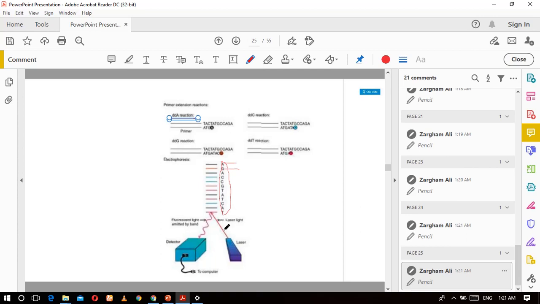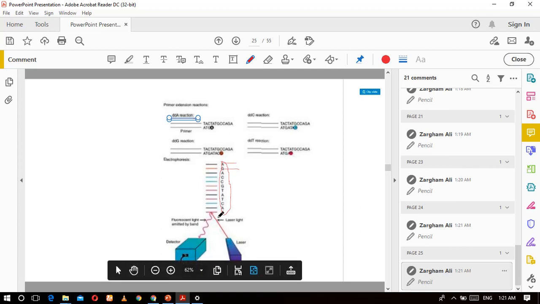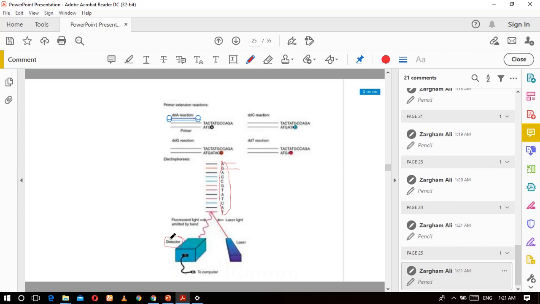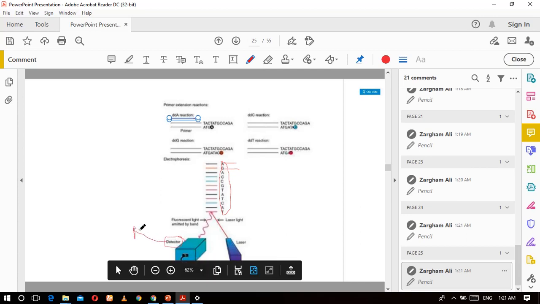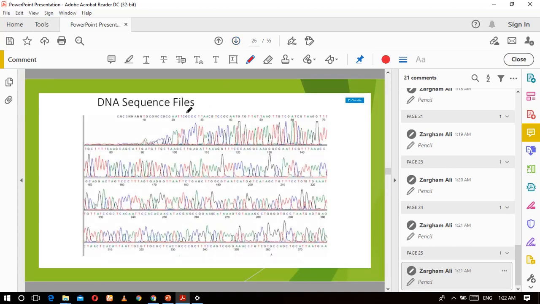So what is going on there is a laser beam is emitted, and due to the laser light, an electric current or impulse is produced. This impulse is detected by the detector, which is attached to our computer, so we can find the sequence. It is another diagram. As you can see, this is an exactly flat sequence which is coming here.